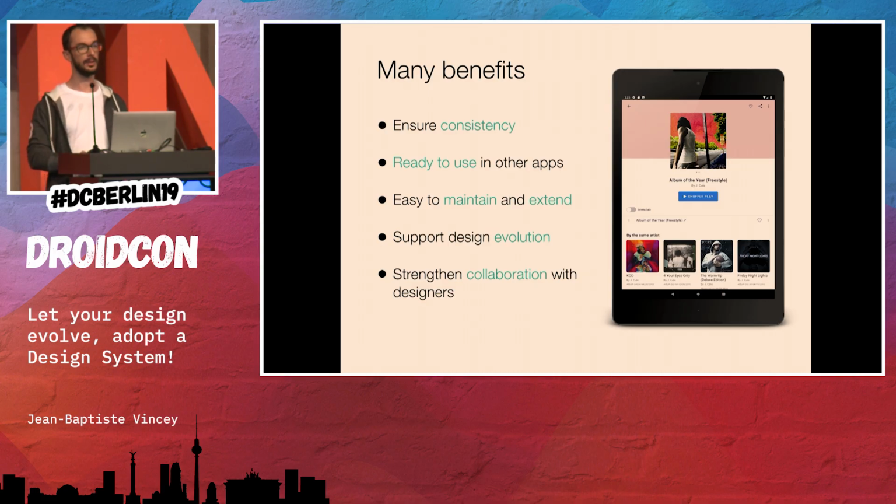And finally, and that is one of the most important parts in a design system, it really strengthens collaboration between designers and developers, because now we really work in the same way. We divide the components into several layers exactly in the same way. We identify, we name our components exactly in the same way. So in the end, we really work exactly in the same way.